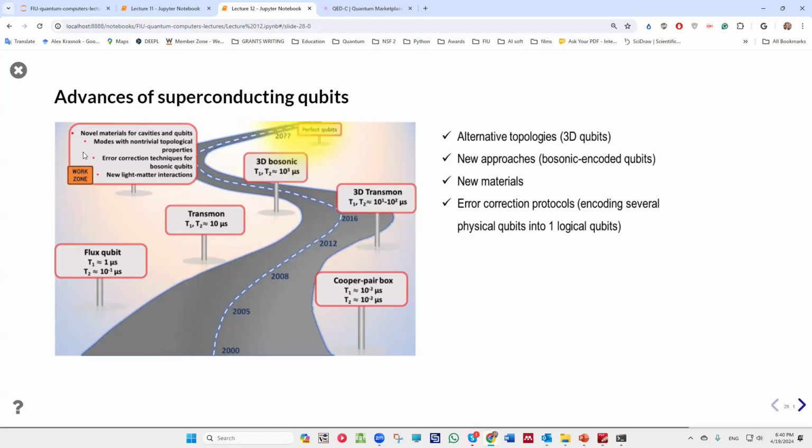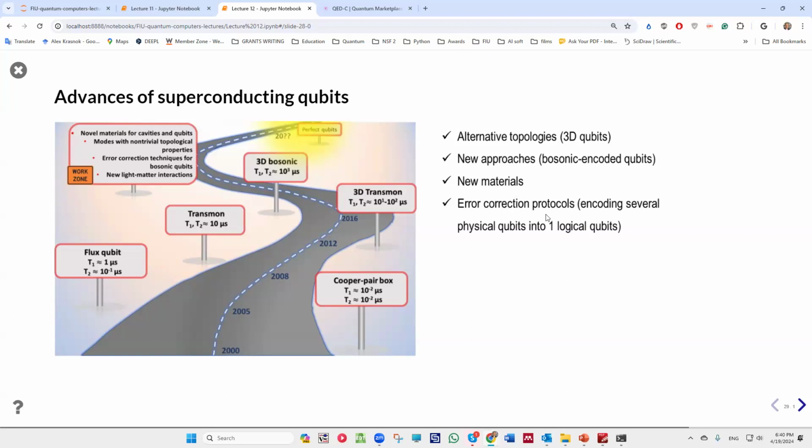People investigate new materials for that, new materials for new cavities, new qubits, new types of modes, and different error correction techniques and protocols. A few words about this.